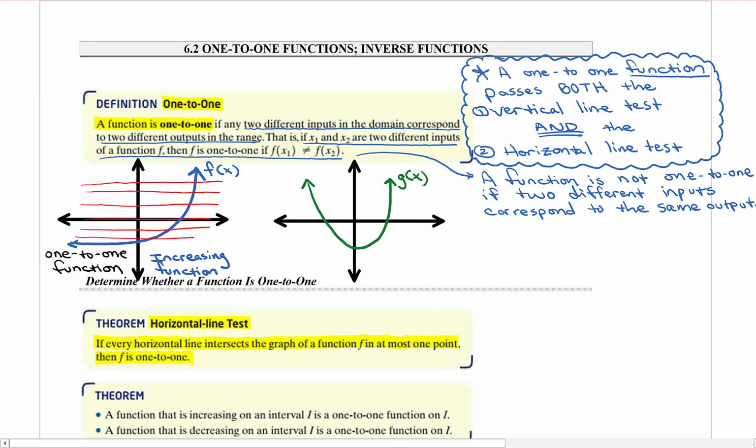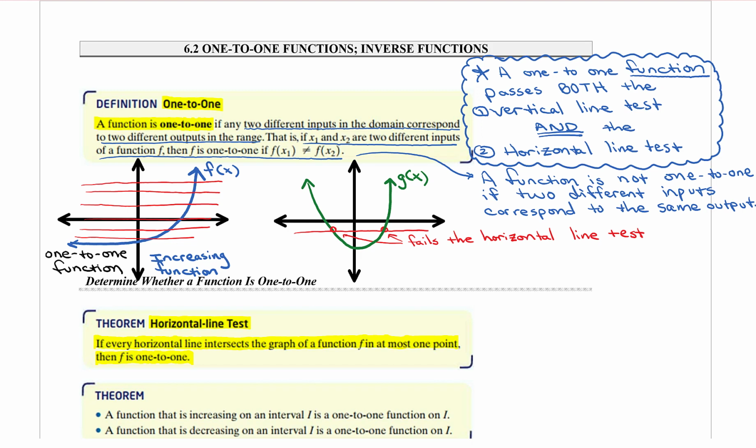Now, this second function, let's call it g of x, is a parabola that opens upward. It definitely is a function because it passes the vertical line test. But if I draw a horizontal line right here, I can see that this horizontal line is going to hit in 2 points. That means it fails the horizontal line test.